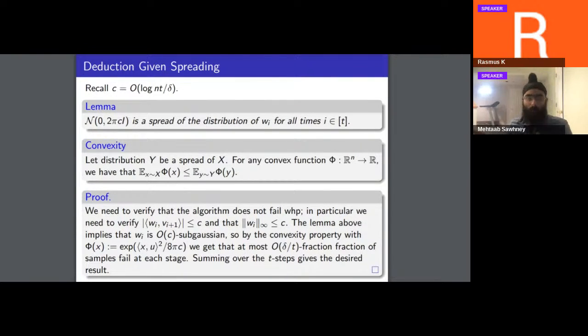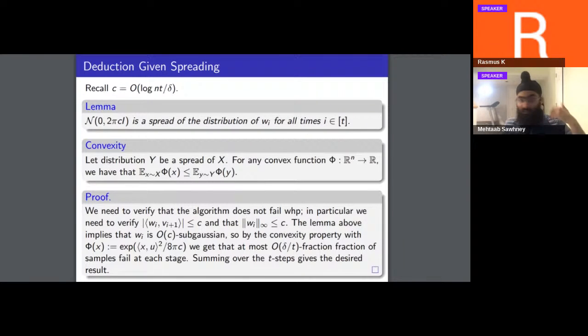And you can calculate what it is for the Gaussian I wrote. And you know that for that, the upper bound is higher than what it is for your corresponding random variable, wi. So if you trace through the math, what you see is that at every time step, there's a probability delta over t of failing. So either the L infinity norm of your current partial sum is too large, or the next vector you see, you're not going to be able to process.